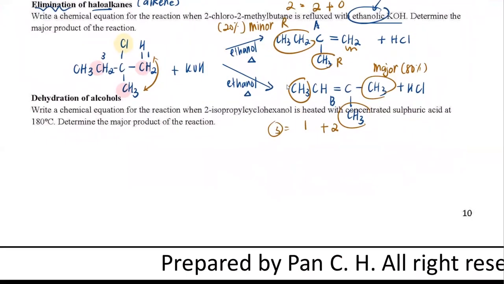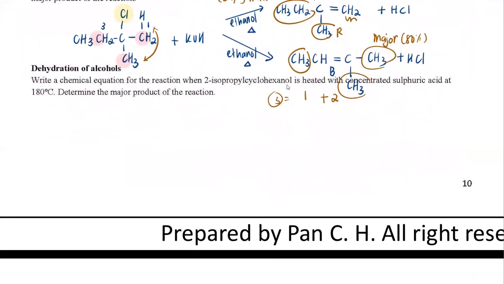Like dehydration of alcohol. Write a chemical equation for the reaction of 2-isopropyl cyclohexanol. So isopropyl, it happens again. Propyl means a 3-carbon alkane. Iso means isomeric, identical. So it's something like this.